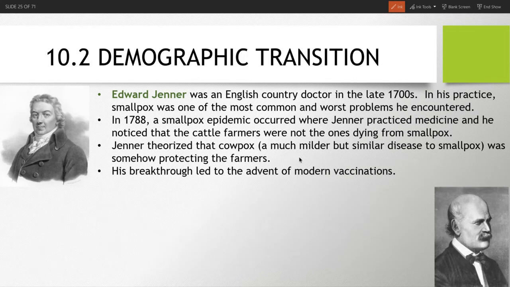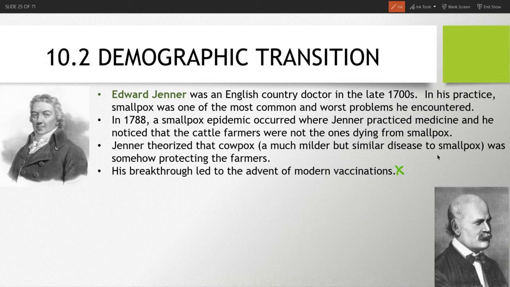And so he continued with that type of testing, and more or less discovered that cowpox provides protection for smallpox. And so this is the basic idea behind modern vaccinations, right?